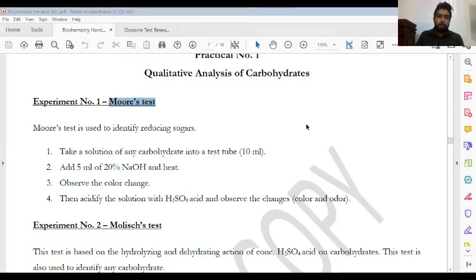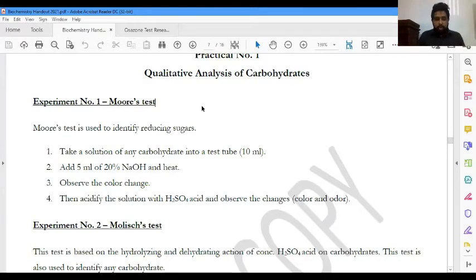So, Moore's test. First of all, tell me what is meant by a reducing sugar. Reducing sugars, non-reducing sugars, I think you have heard about that by now.